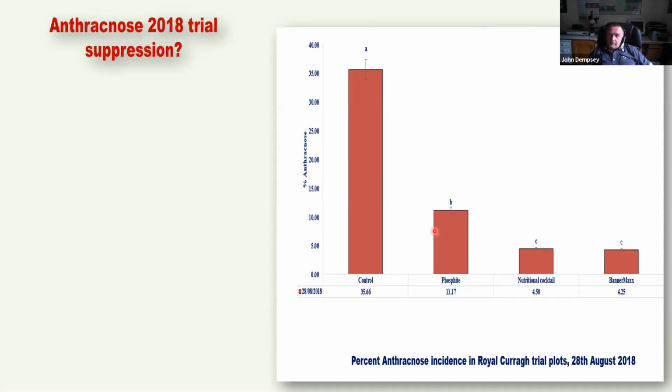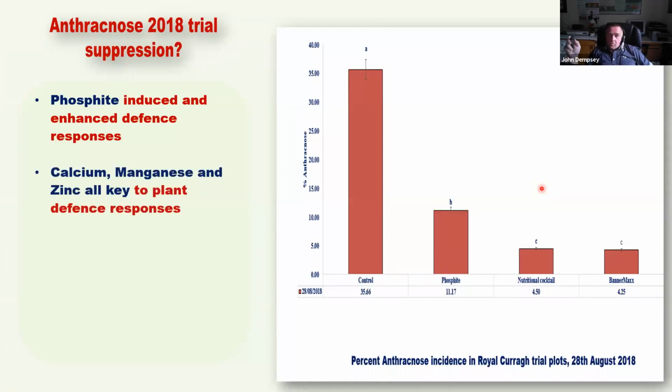The phosphite treatment gave good suppression, and this nutritional cocktail included N, P and K, but also included phosphite, which was enhancing the defenses. But the nutritional cocktail also included things like calcium, manganese, and zinc, which we didn't go into today, but these are all crucial elements for production of various defense compounds.